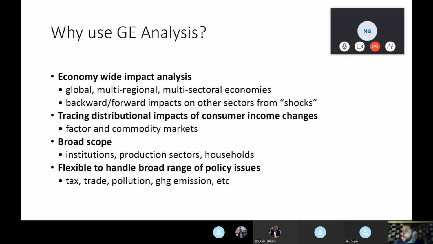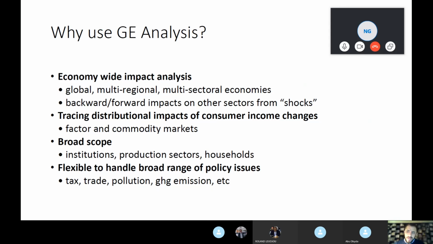They can also be used in fiscal simulations: what happens if we impose a tax, remove a subsidy, or impose a subsidy. And they can also be used to run trade policy simulations: what happens if tariffs increase, non-tariff measures are imposed, non-tariff measures are removed, and so on.